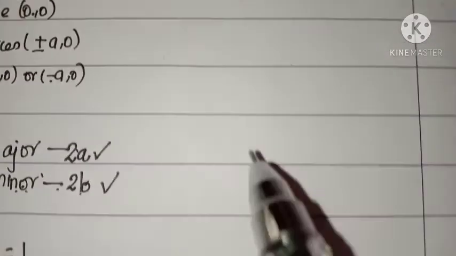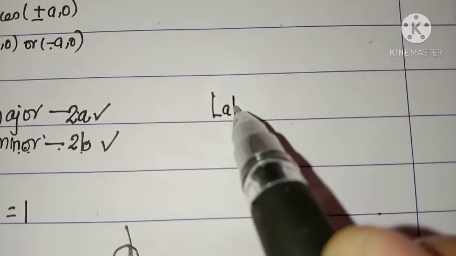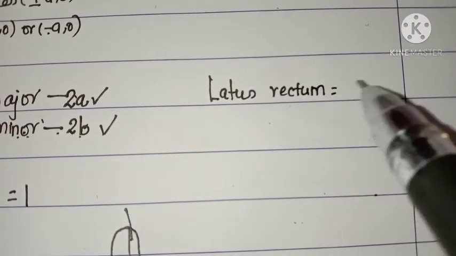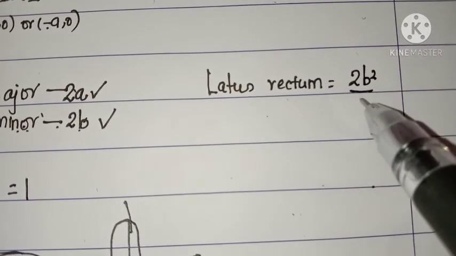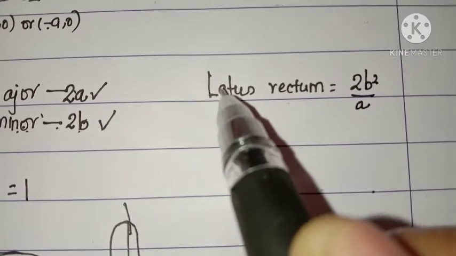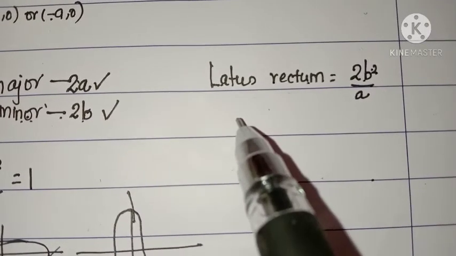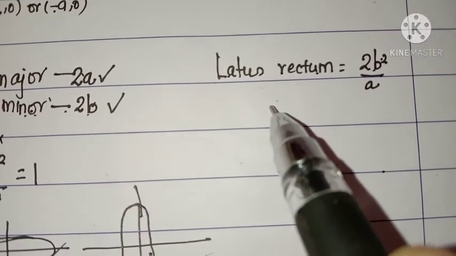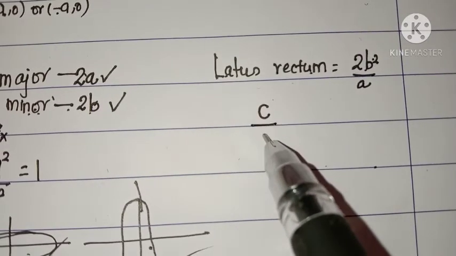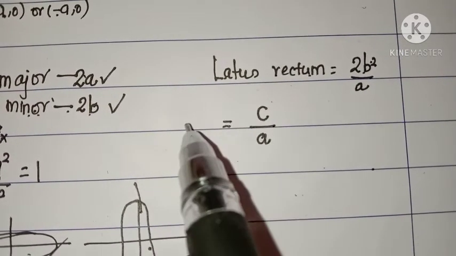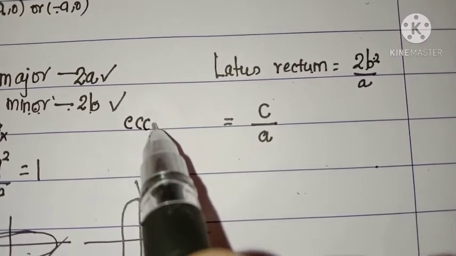And listen, we can define the length of the latus rectum as 2b square by a. Learn the formula by heart: the length of the latus rectum is equal to 2b square by a. And finally, the ratio of c and a is known as eccentricity.